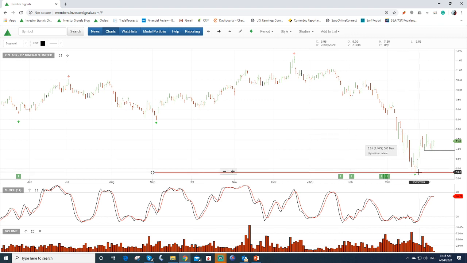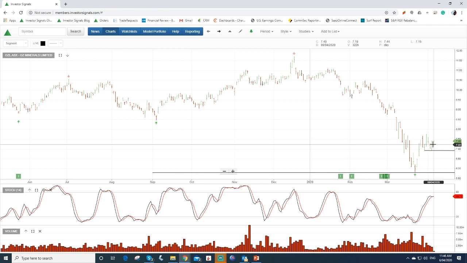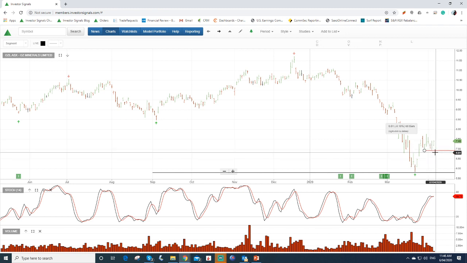So again, we have a look at this first test, first fail type pattern in the market, where it's had a rally, created resistance at around 7.80, pulled back to around $7, and you're willing to stay on the long side of this trade, providing that it holds above that $7 support.